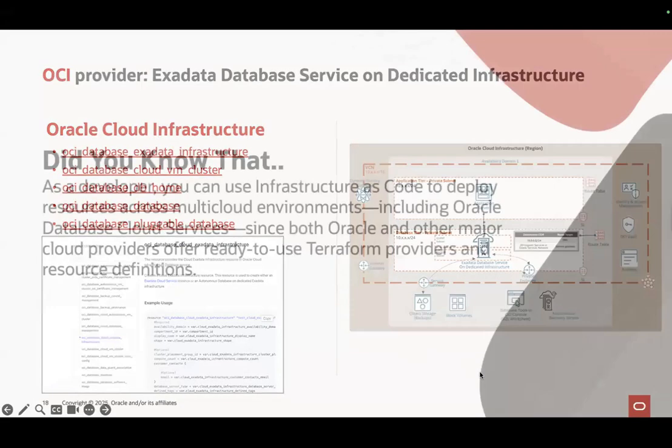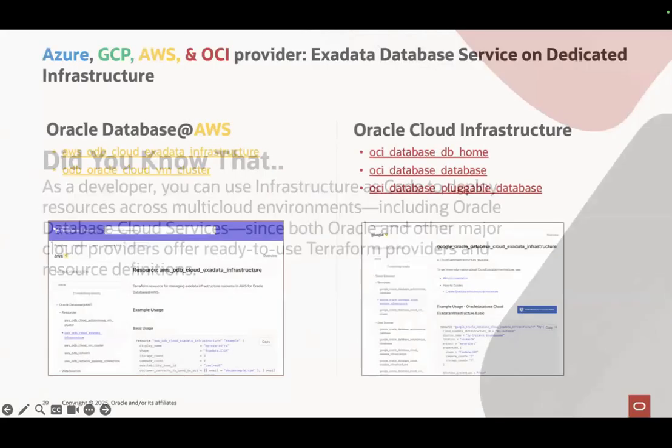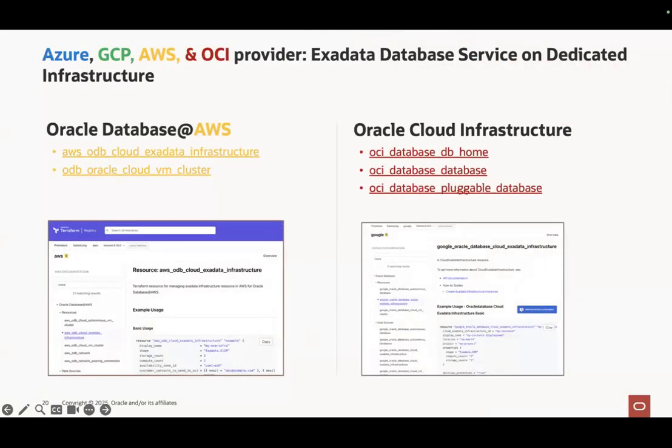Okay, and same thing. As a developer, you can also use infrastructure as code to deploy resources across multi-cloud environments, including Oracle Database Cloud Services, since both Oracle and our other hyperscaler partners offer ready-to-use Terraform providers and resource definitions. So let's see some examples.